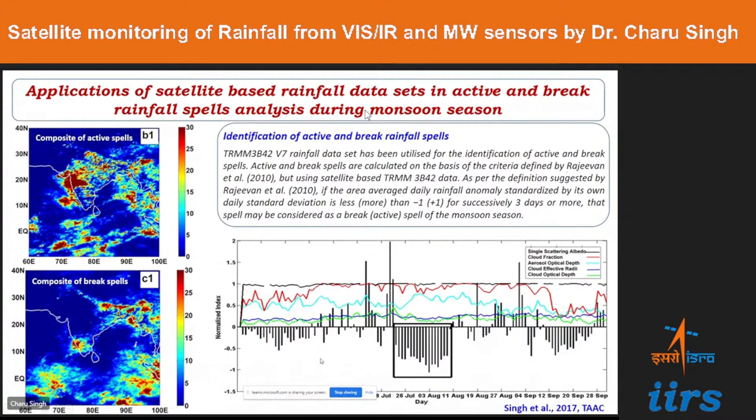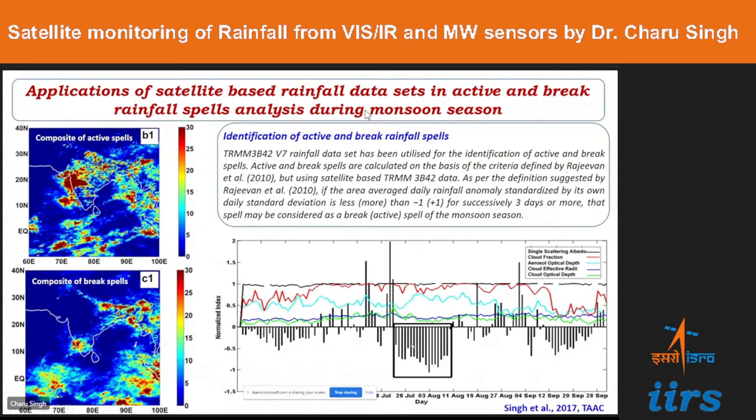In this case, since we are utilizing satellite data sets, we need to do a sensitivity analysis to identify whether our satellite data set is able to capture the active and break spells correctly. So we have kept the threshold at 0.5 for the estimation of break and active rainfall spells during the year 2009.